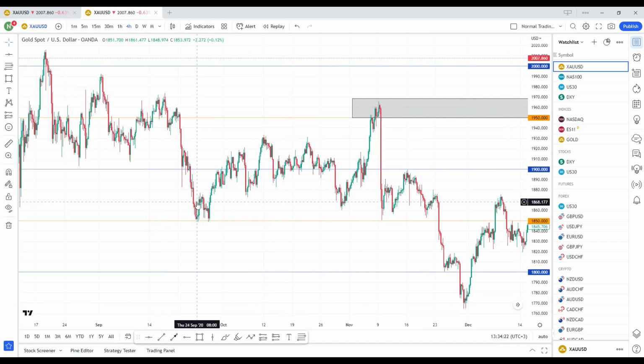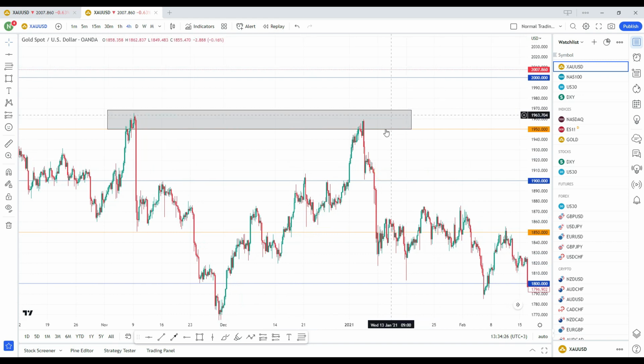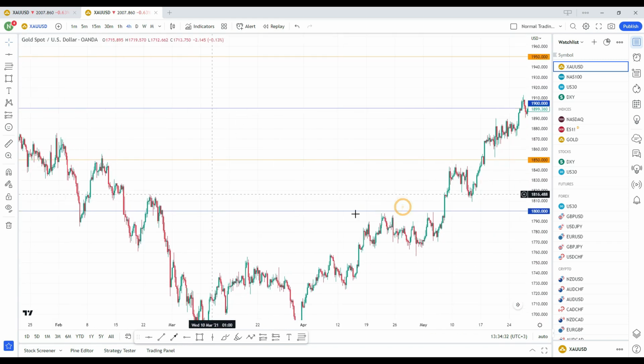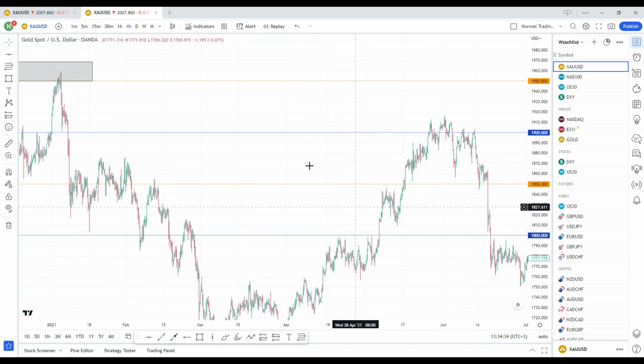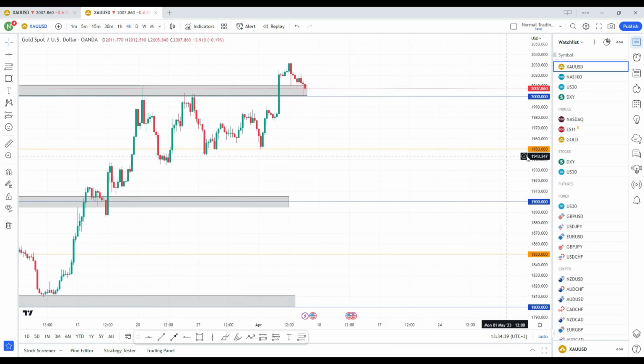So you can use your indicators or whichever strategy you're using, but just mark these zones as points of interest so that they can guide you. For now, I just did it randomly, selected from 1800, 1850, 1900, 1950, 2000.